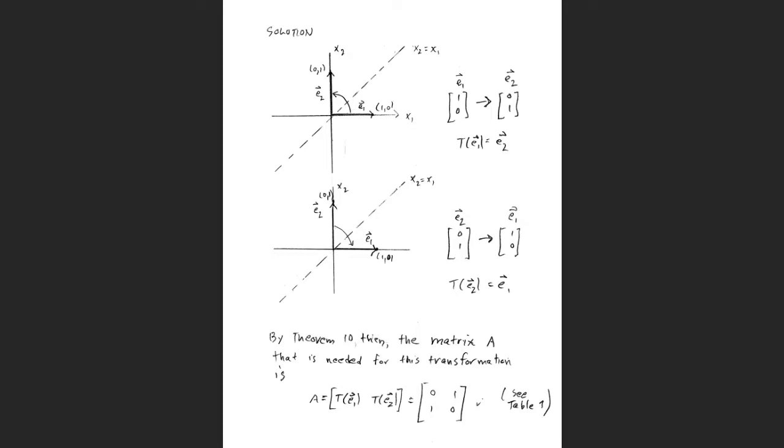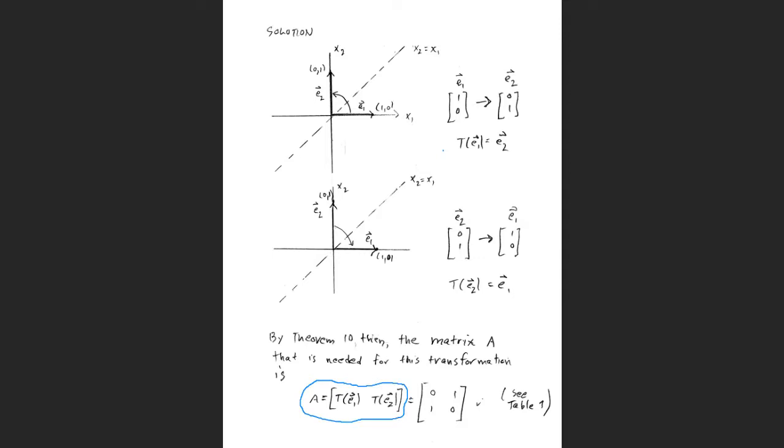What you have to do is apply Theorem 10 in section 1.9, which says that to find the standard matrix for the transformation, you have to construct the matrix by making the column vectors of the matrix the transform vectors.